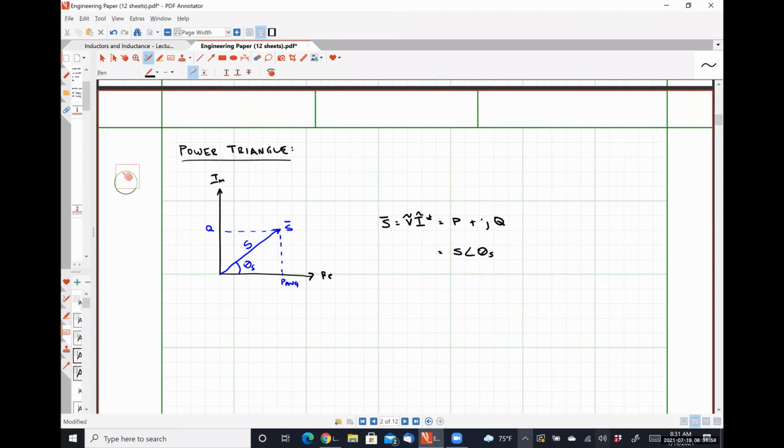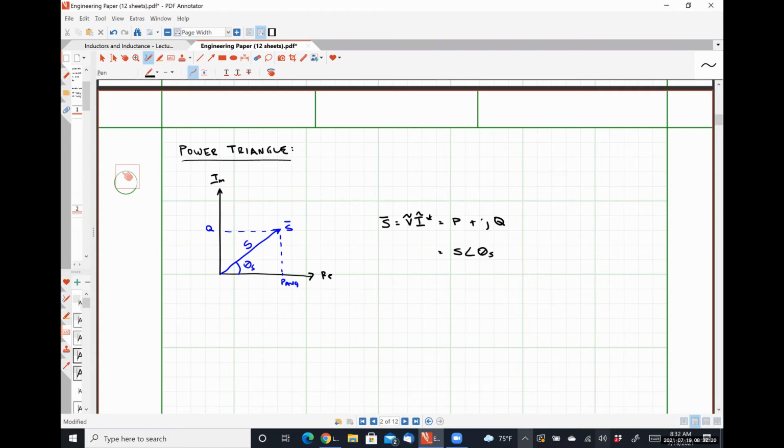Especially nowadays, you have relatively inexpensive calculators that can present you the complex power in either polar form, which gives you immediate access to apparent power and the power factor angle, or rectangular form, giving you immediate access to average power and reactive power.